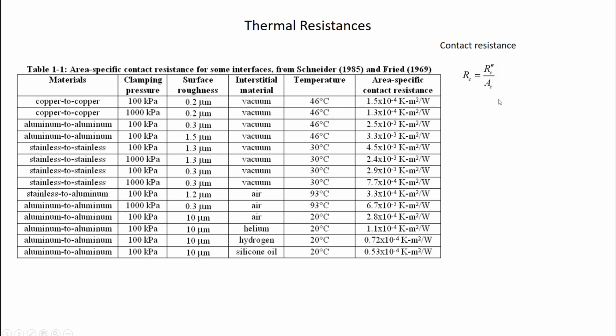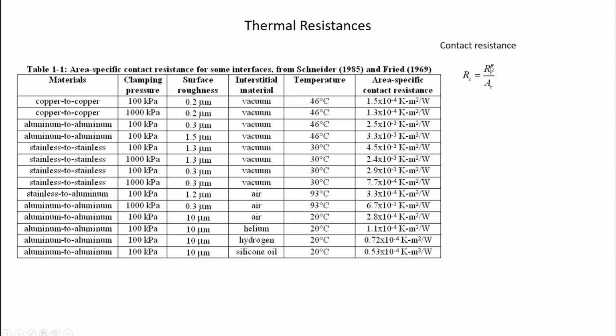This is just a very abbreviated table showing some area-specific contact resistances for some interfaces, and you'll notice that it does depend on what are the materials, what is the clamping pressure, what's the roughness, what's in the middle between the materials. Is it vacuum? Is it air? Is it some kind of oil? And then over here you have area-specific contact resistance.